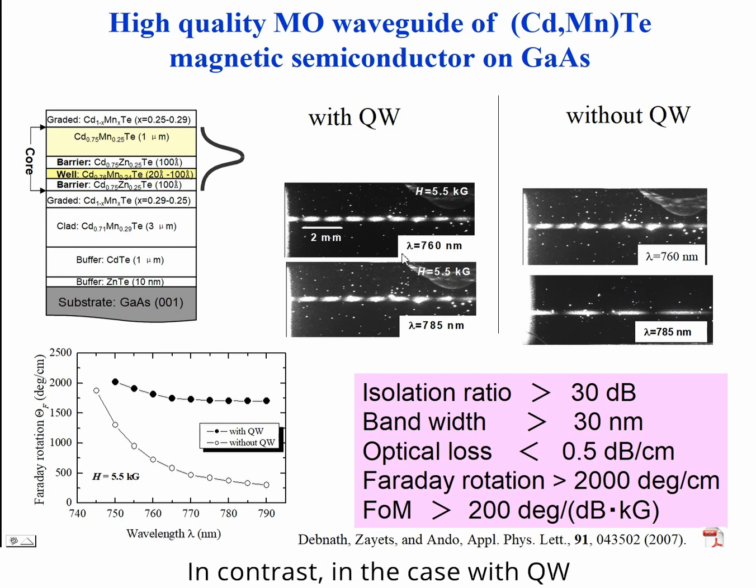In contrast, in the case of the waveguide with quantum wells, the period is practically the same. An additional good result is that in the case of the waveguide with quantum wells, the oscillation period is very short, meaning a very high Faraday rotation.